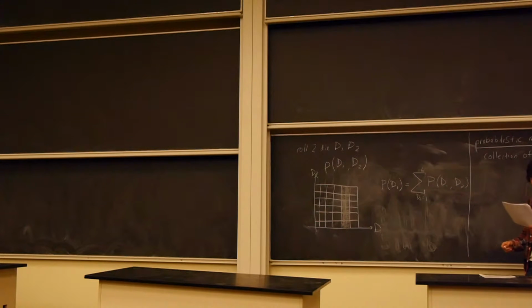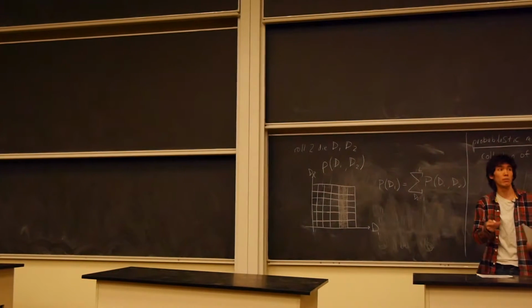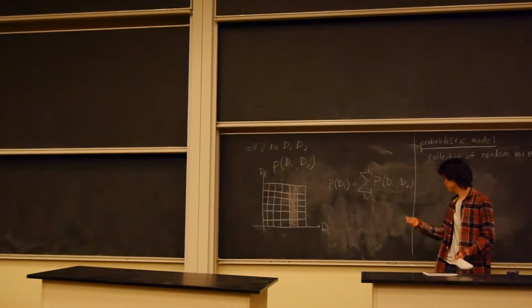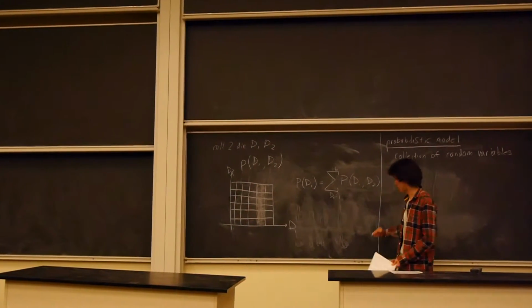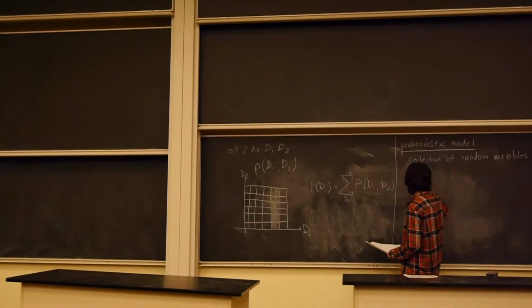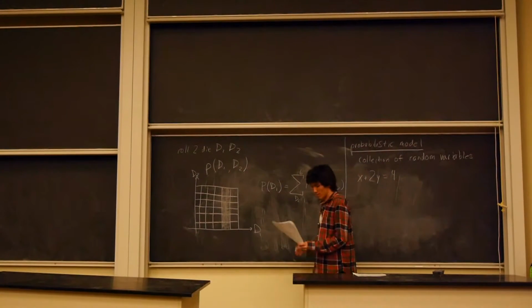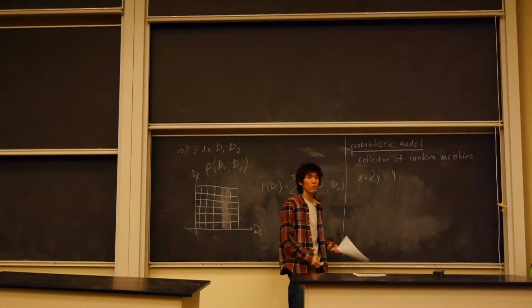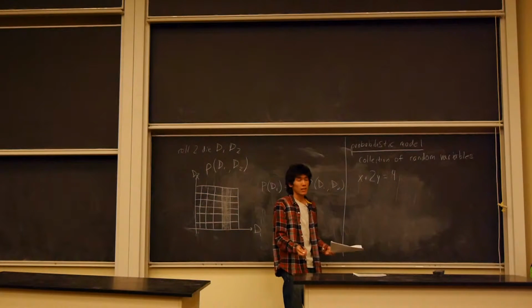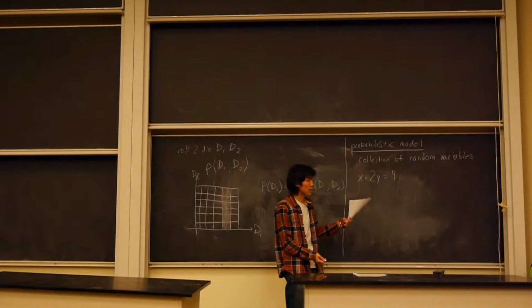One way to think of it intuitively is as an extension of deterministic models. Like if I have an equation and I ask what is the value of y when x is 0, you can tell me that.